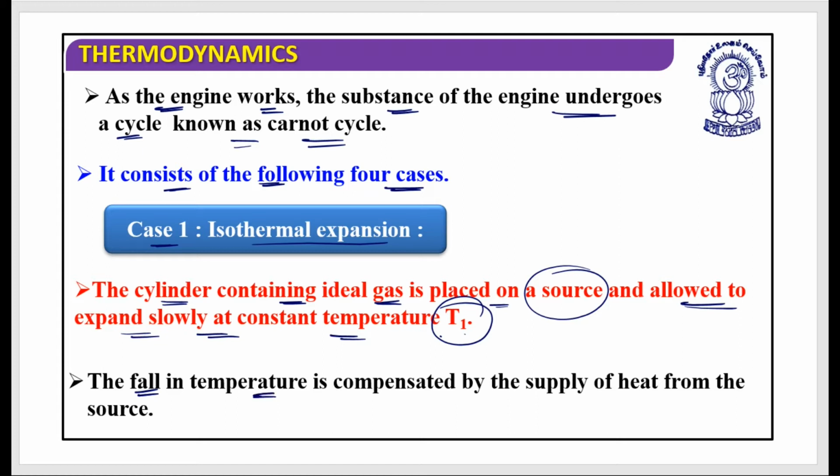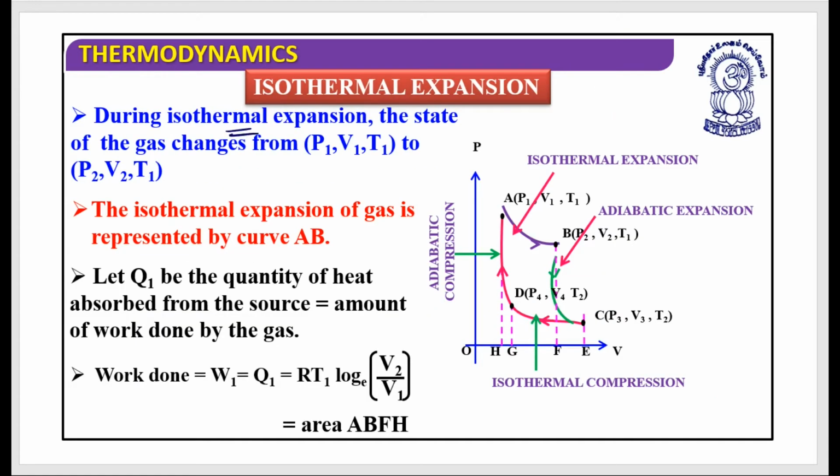This fall in temperature is compensated by the supply of heat from the source, so a constant temperature is maintained, because this is the isothermal process. During the isothermal expansion, the state of the gas changes from P1V1T1 to P2V2T1.